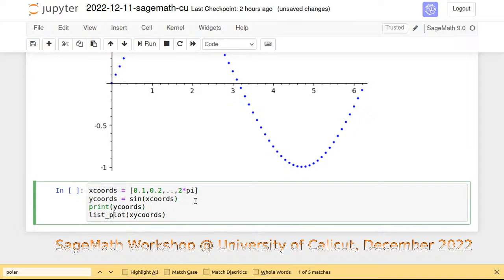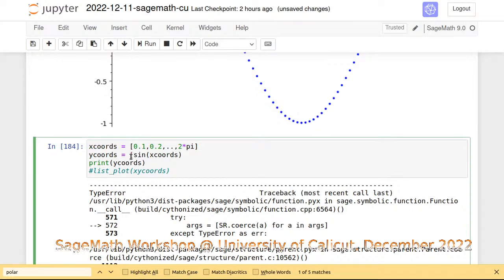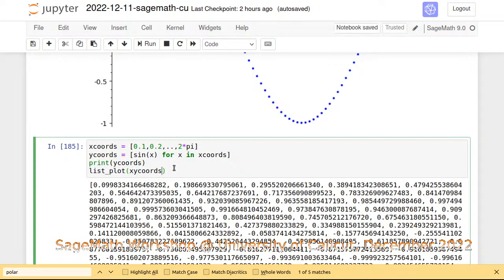Print y coordinates. Or otherwise we will loop sine x for x in the range. That's all. Now we are going to zip. List plot, list zip.